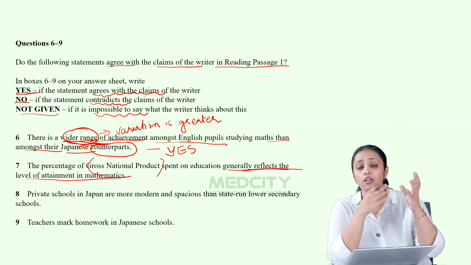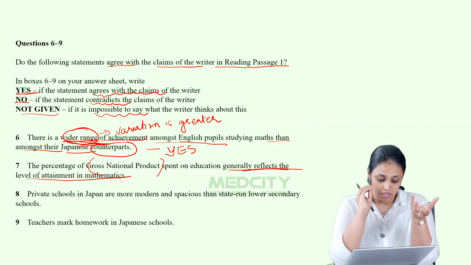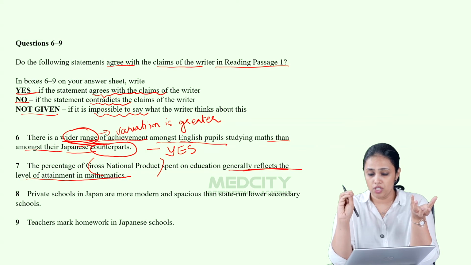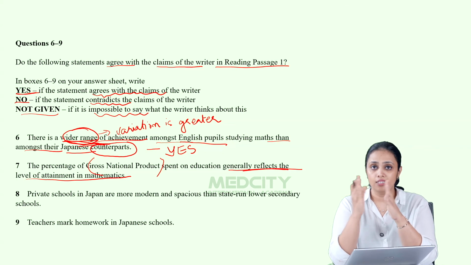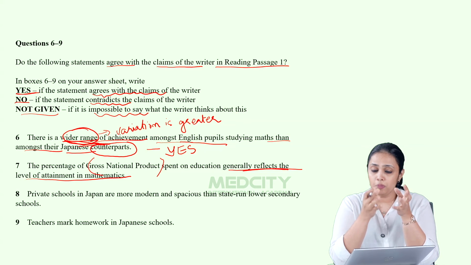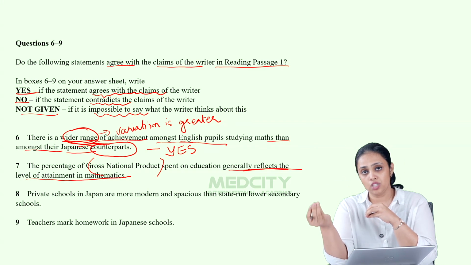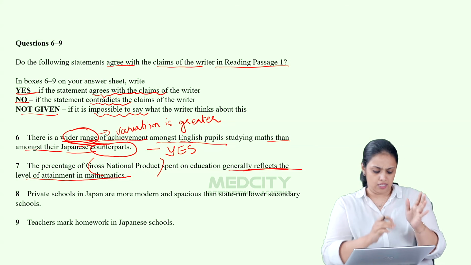So there is a correlation between the percentage of GNP spent on education and what scores are attained in maths. They are directly proportional. The more GNP spent on education, the better will be the scores in maths. That is what the statement says.